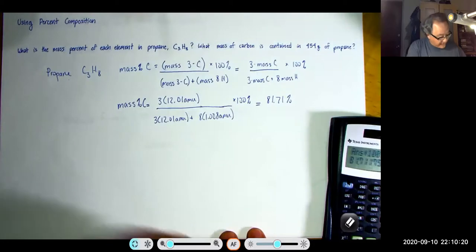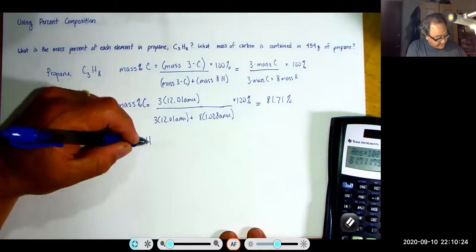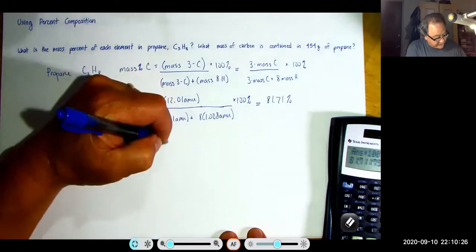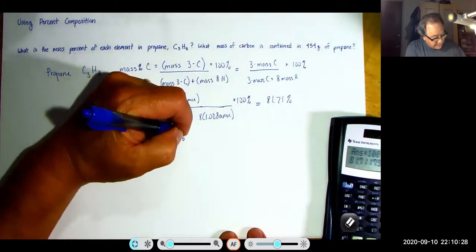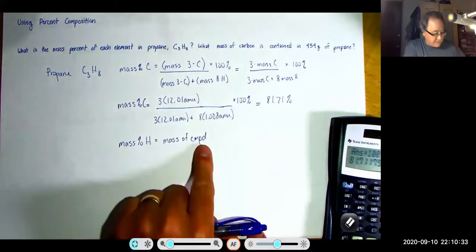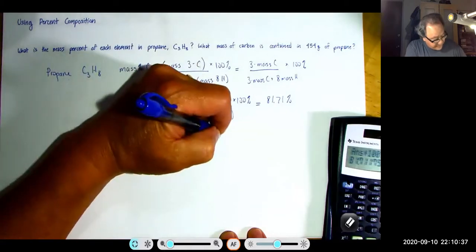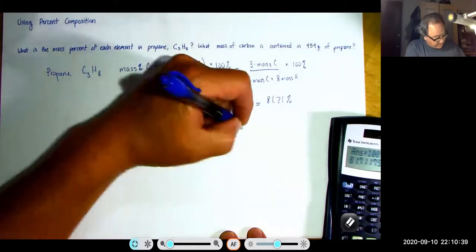Now, what's the easiest way to get the mass percent hydrogen? Well, the easiest way is this. The mass percent hydrogen is equal to the mass percent of the compound minus the mass percent carbon.